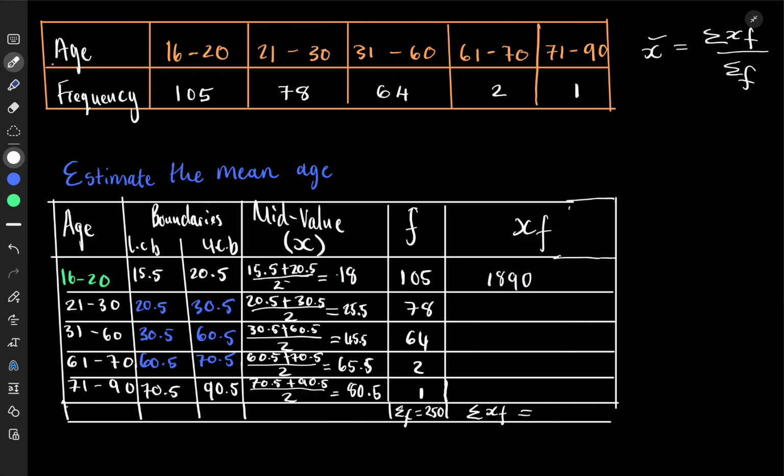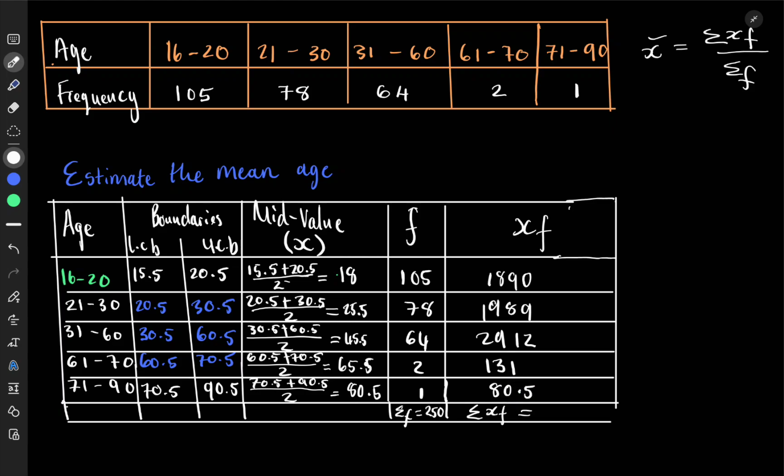Then we would say 25.5 times 78 would get 1989. And then we would say 45.5 times 64 would get 2912. And then we would say 65.5 times 2 would get 131. And then we would have 80.5 times 1 would just give us 80.5.